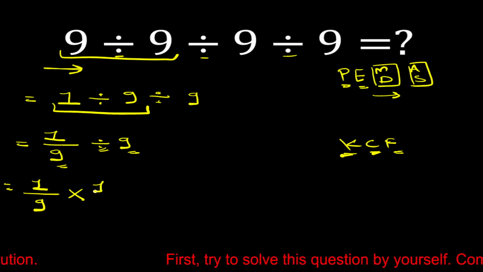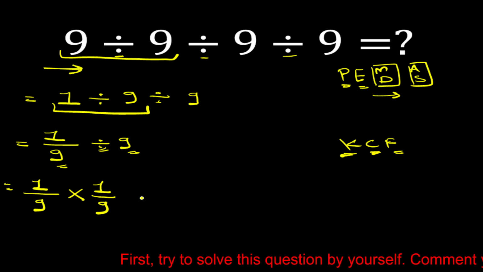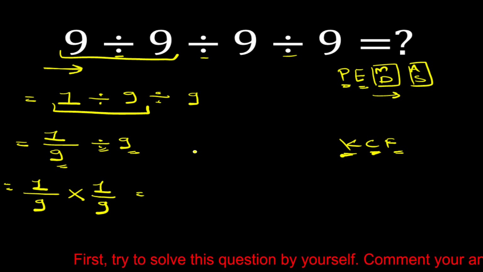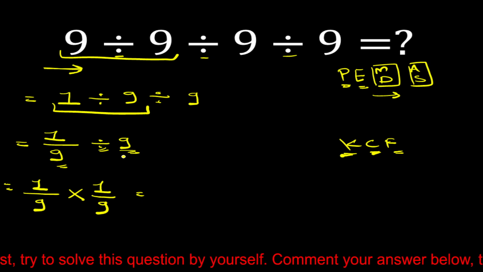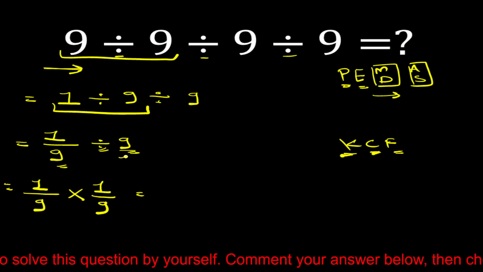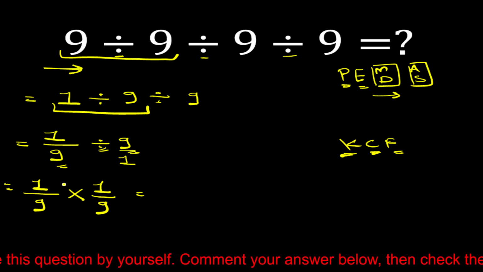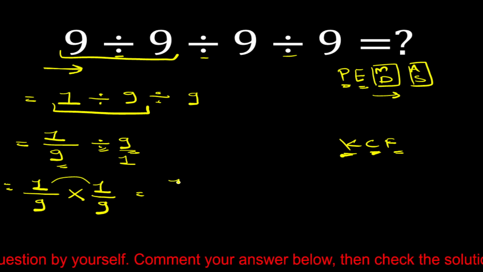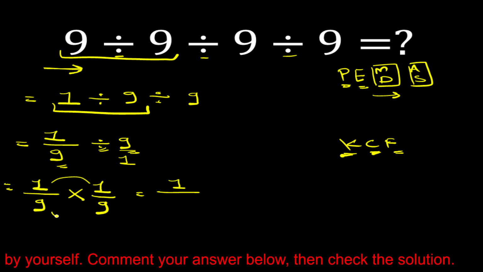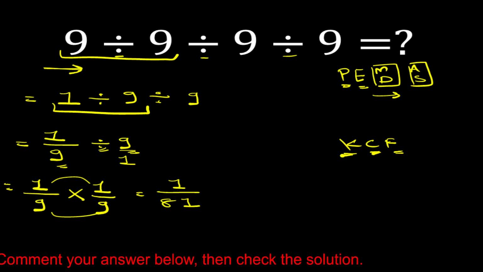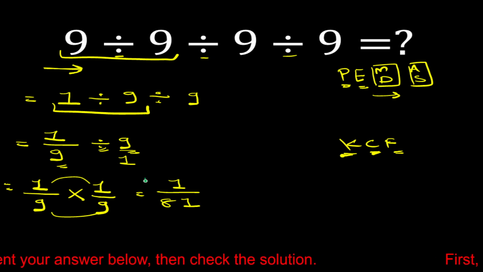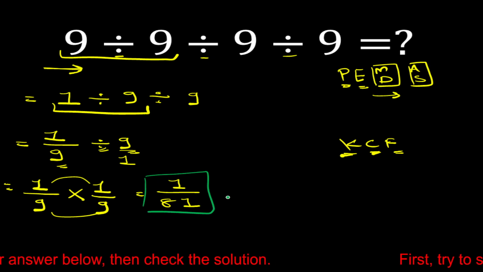Therefore 1 by 9 is equal to 1 multiply 1 is equal to 1, and 9 multiply 9 is equal to 81. Therefore the correct answer is 1 by 81.